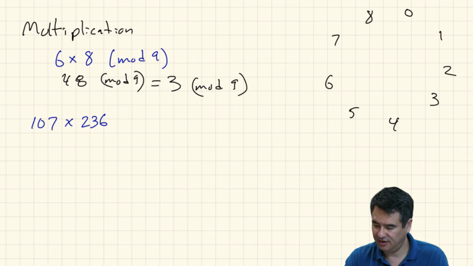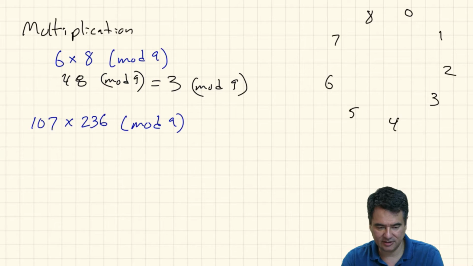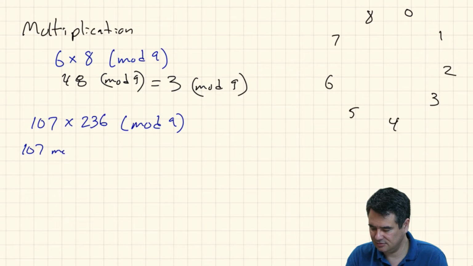So just like with addition, we can find the modulo of each one of the numbers individually, and then do mod 9 of the whole thing at the end. So 107 mod 9 is 8.